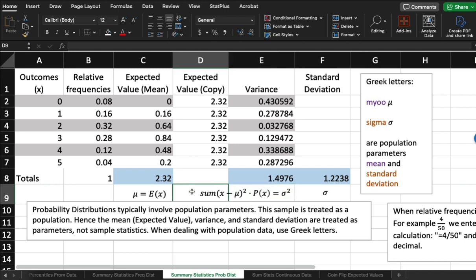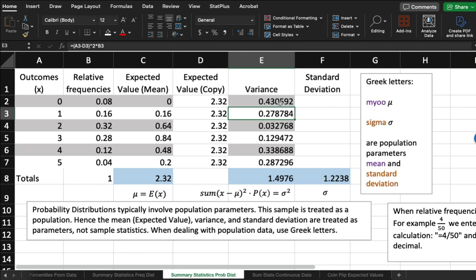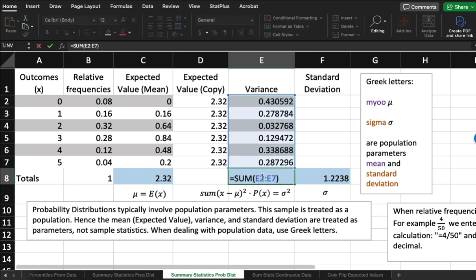Okay, fill that down, and at the bottom here in column E, where it says totals, you're going to sum those up.